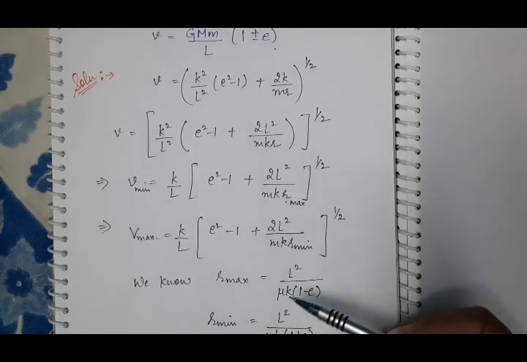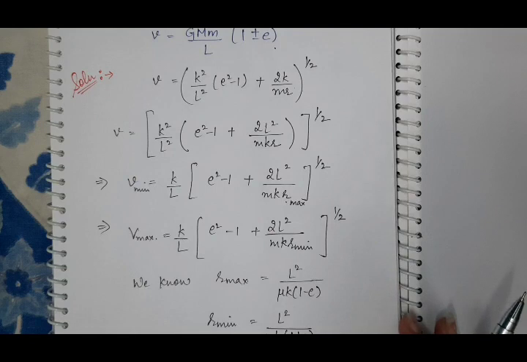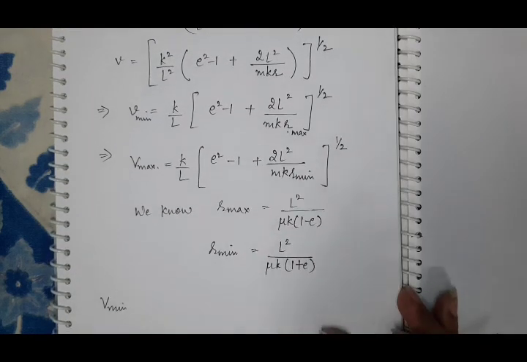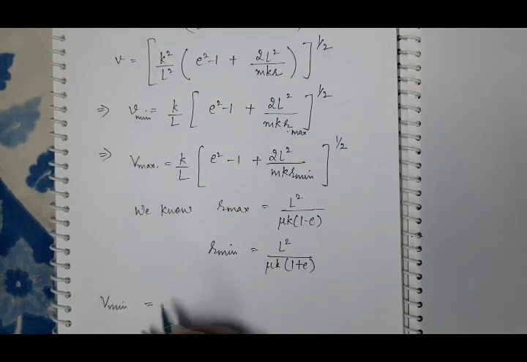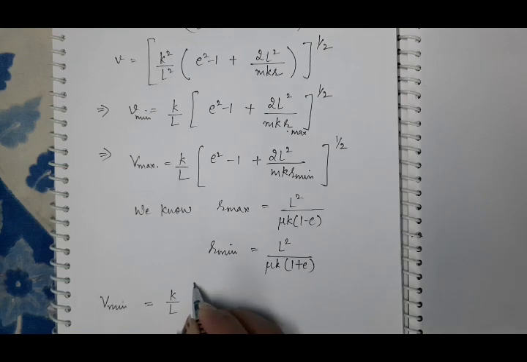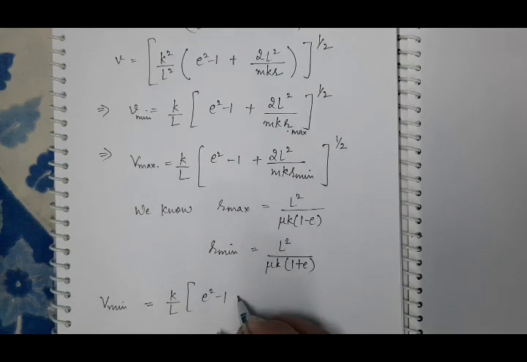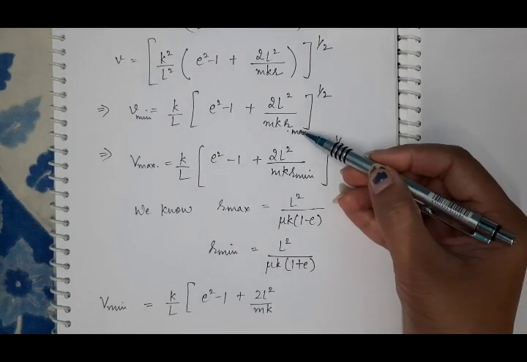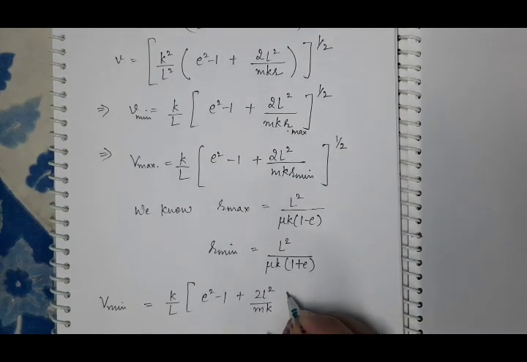First put the value of R max here and you will get V minimum. It is equal to k by L times the square root of E square minus 1 plus 2L square by mk, and put the value of R max here, which gives mu k 1 minus E upon L square.